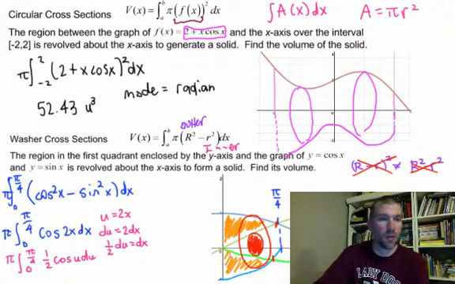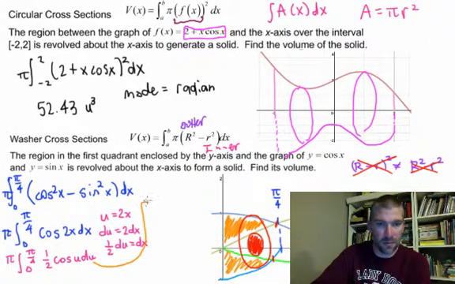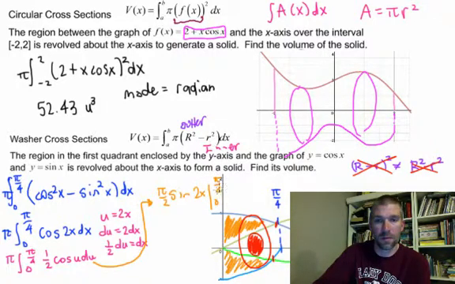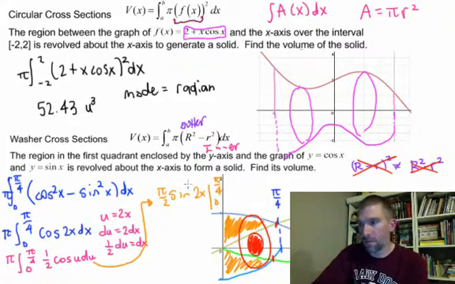Okay, so when you integrate this and substitute back in, you're going to wind up with pi over 2 times the sine of 2u, or sine of 2x, and we're going to evaluate that from 0 to pi over 4. Okay.